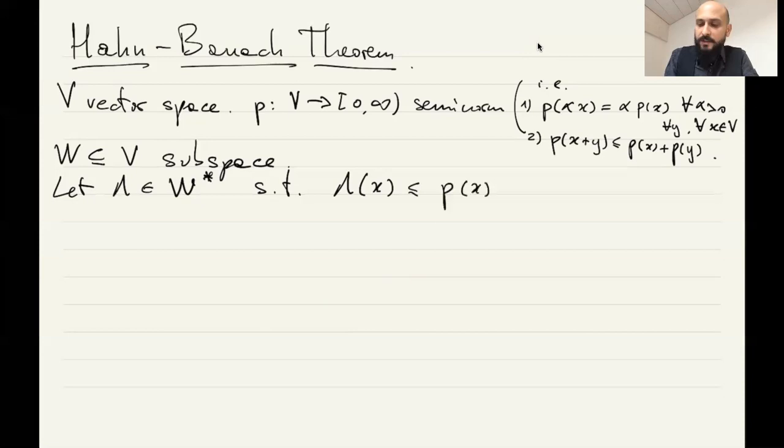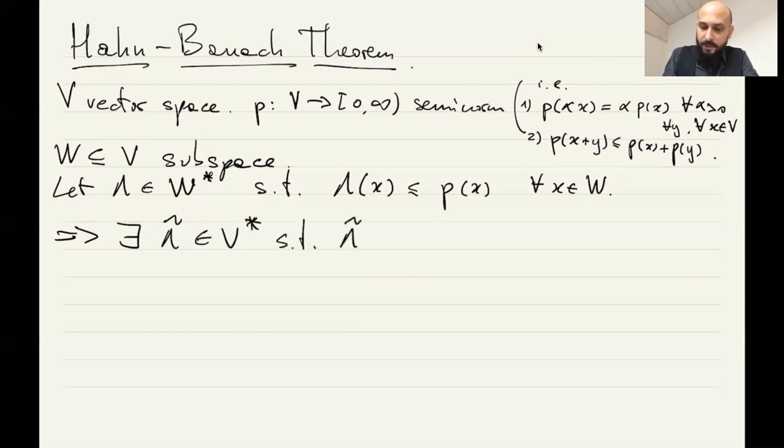In our case, P was a constant times the norm of x, for any x in W. Then the theorem says that there exists lambda tilde in V star, so defined on all of V, such that lambda tilde restricted to W coincides with lambda, and we have the same exact bound for all x in V.